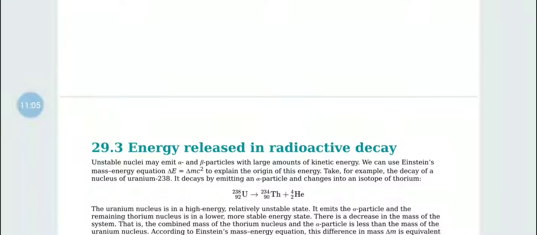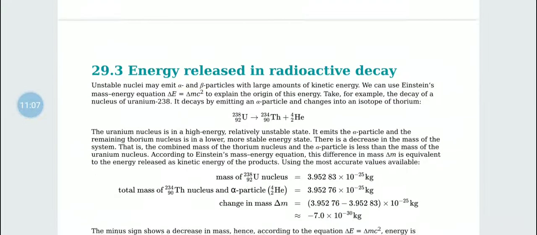Let's write down a note on this. Energy released in radioactive decay is the topic. Unstable nuclei will emit alpha and beta particles of large amount of kinetic energy when they decay.